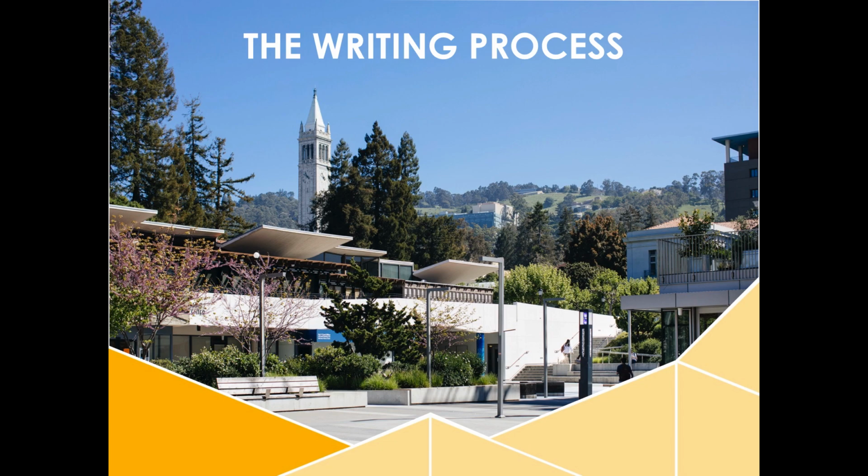So the writing process, really quickly. When writing your PIQs, it takes me back to when I was in graduate school. In grad school, my first class, the syllabus told us that we had to write a 50-page thesis, and we had to use APA format.